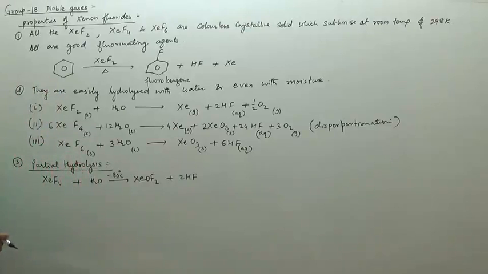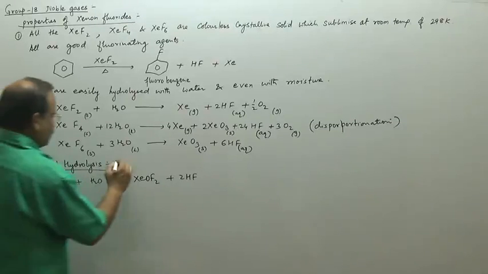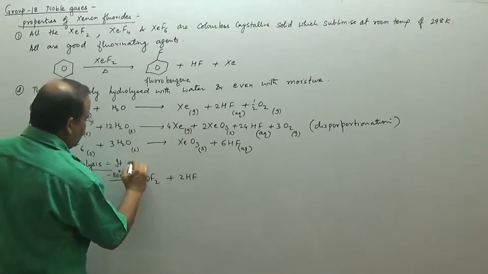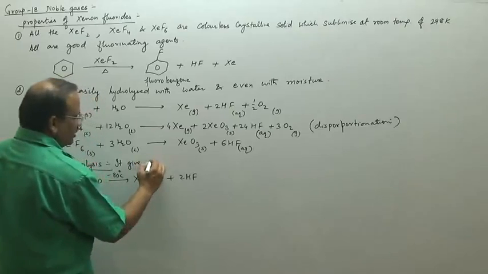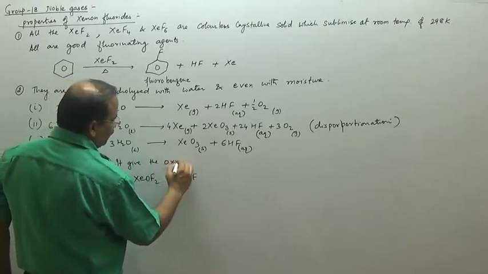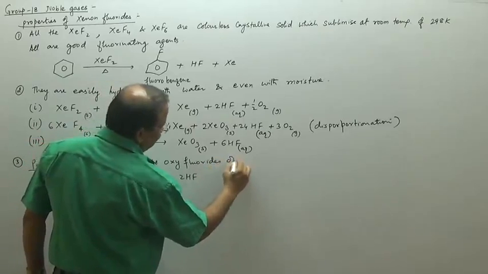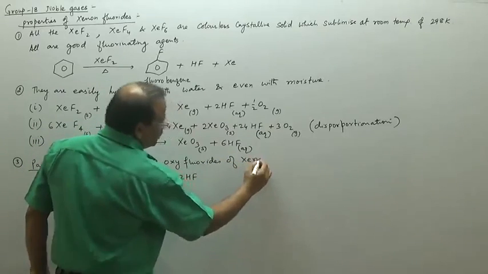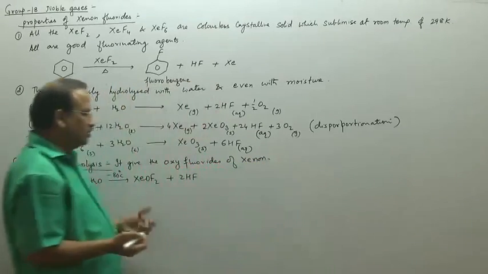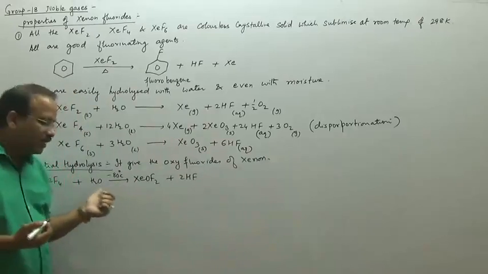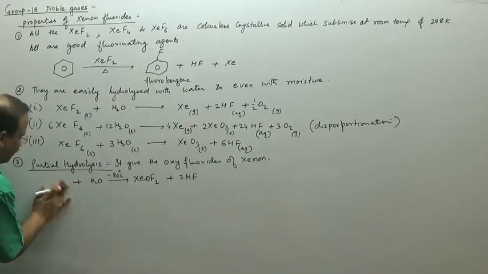is easy. So we write that the partial hydrolysis of HCF6 gives the oxyfluorides of xenon. Oxyfluorides of xenon are formed in the reaction. If the temperature is not mentioned, then I'm not going to write the partial hydrolysis of HCF4.